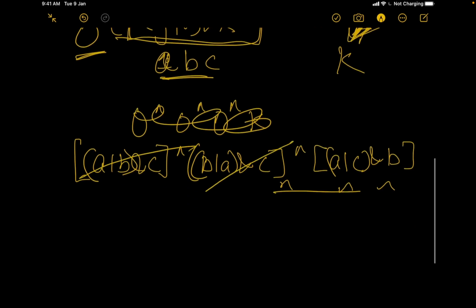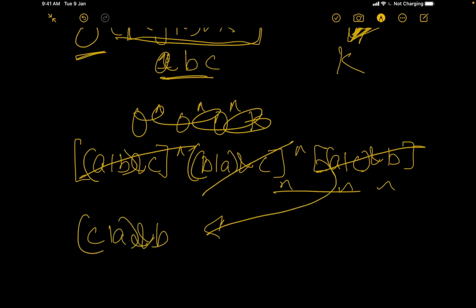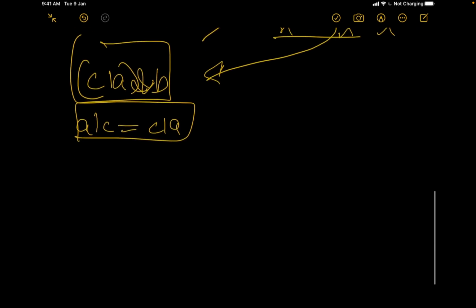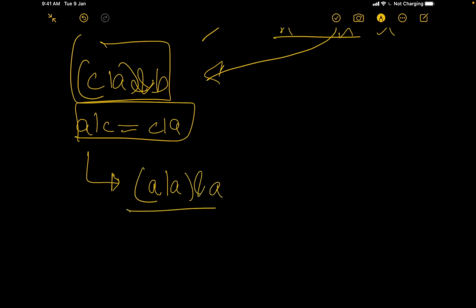So this would cancel this. This would get cancelled by (C OR A) AND B, because A OR C is equal to C OR A, a basic thing. So these two are effectively the same, and when we XOR them up, we get 0. At the end, the only values remaining are those with no duplicates, like (A OR A) AND A. This would be a single value, so there are no duplicates for this.